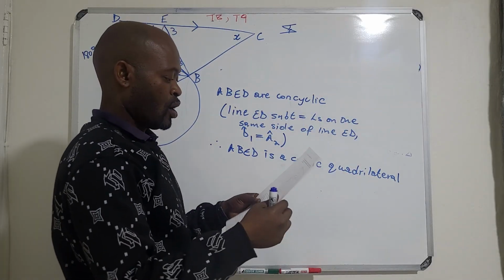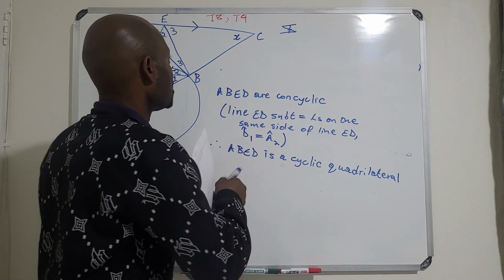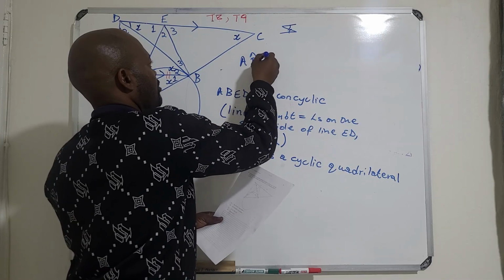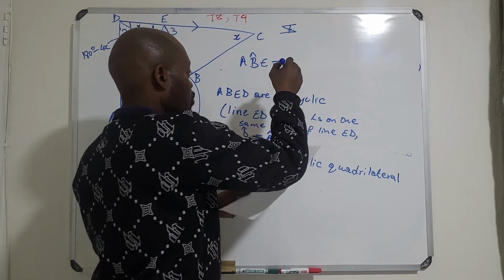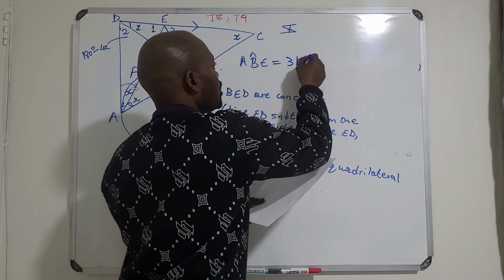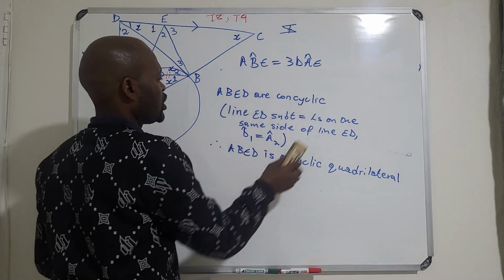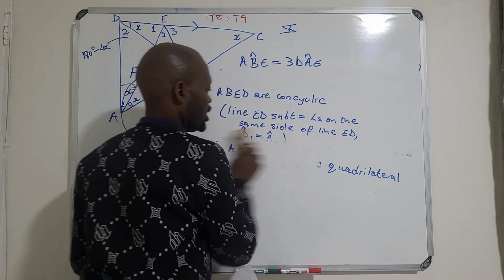Now, we are told to prove that angle ABE is equal to 3 times angle DAE. We are done with proving that this is a cyclic quadrilateral.